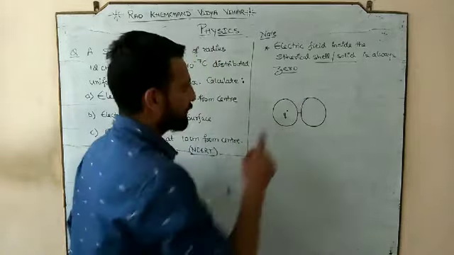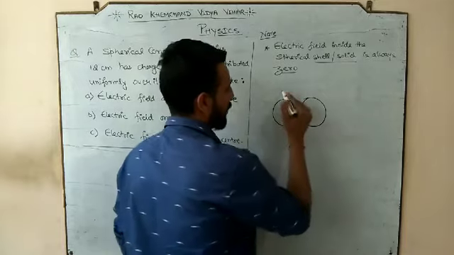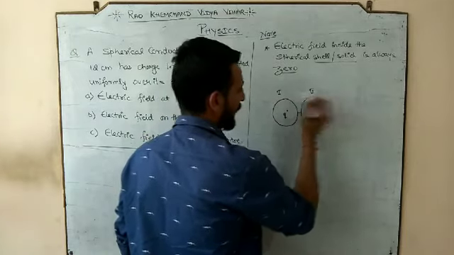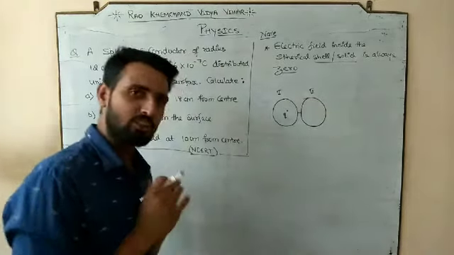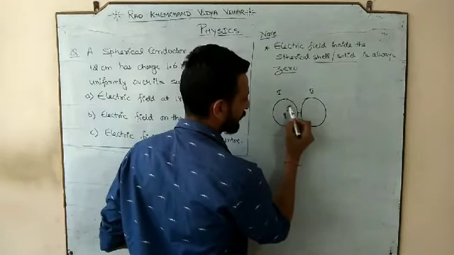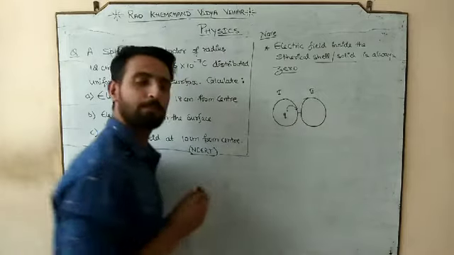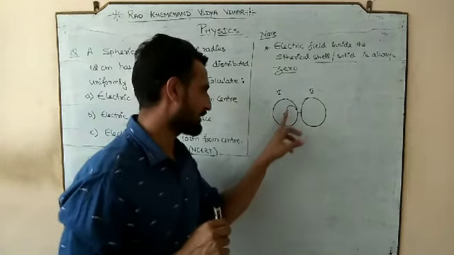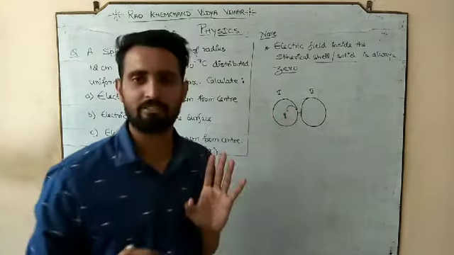So now, if this charge is going to be shared from body 1 to body 2, this charge has to first of all move over the surface.